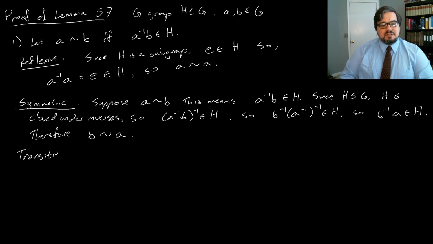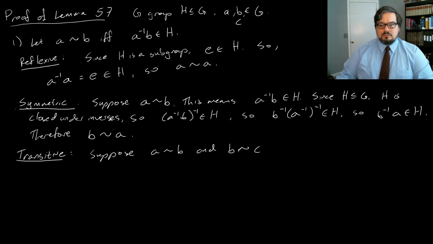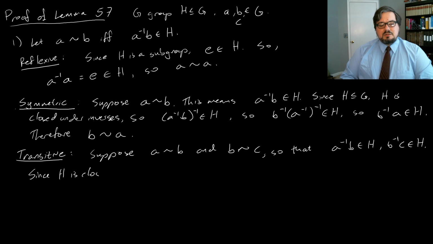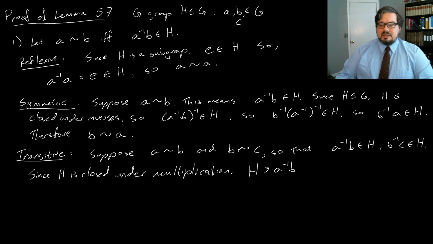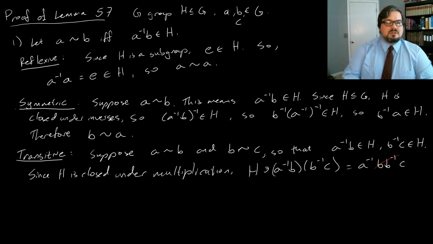Let's check transitivity. So let's suppose that A is related to B and B is related to C. Oh, I suppose up at the top I should say that A, B, and C belong to G. So this means that A inverse B belongs to H and B inverse C belongs to H. Now, since H is closed under multiplication, that means that H contains A inverse B times B inverse C. But of course we've got associativity, so this is A inverse times B, B inverse C, and B and B inverse are just the identity.